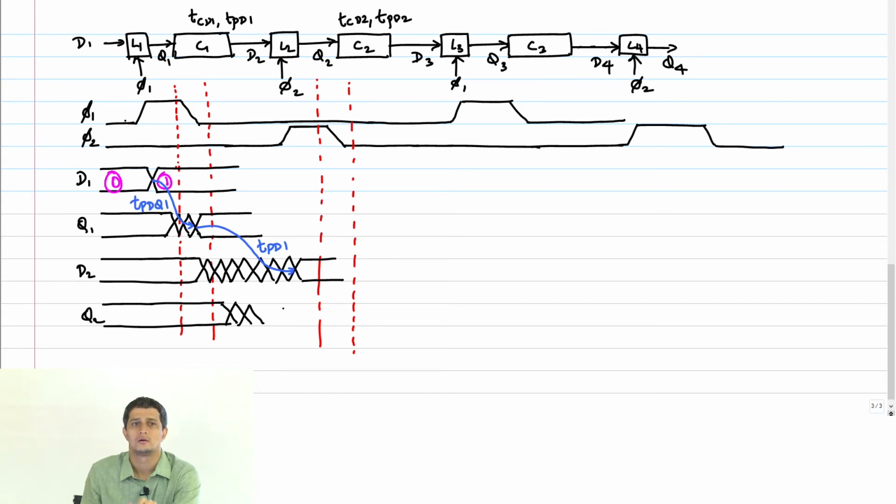Yeah, it cannot, because the clock has not yet risen, so L2 is opaque. It is holding the previous state, right? Which event is it holding here? Holding event 0 here, right? Even this was holding event 0, correct? So therefore, this guy will wait all the way till the clock rises.